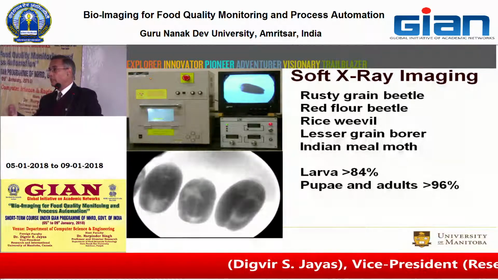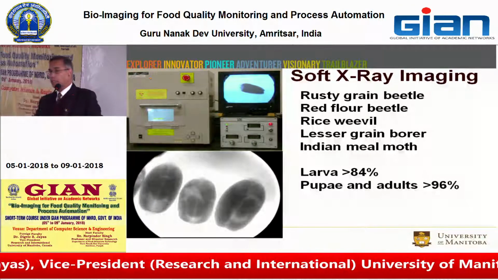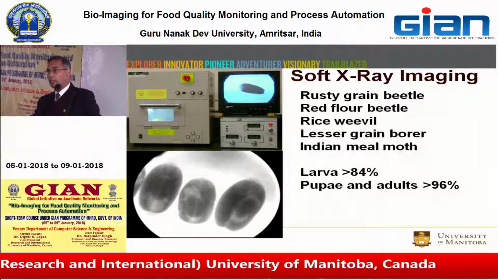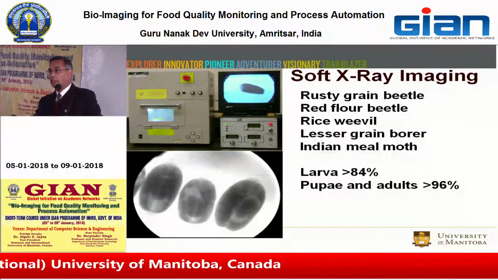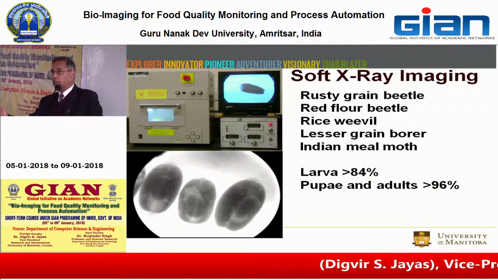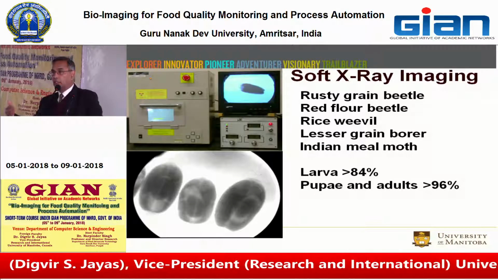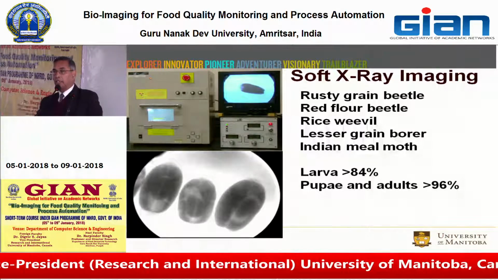So if a farmer is delivering grain using a truck and you take a sample and very quickly run it through the X-ray system, you would know whether the farmer's grain has insect infestation or not, because the decision-making time is a few seconds, or certainly less than a minute.